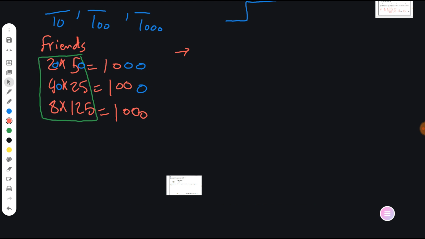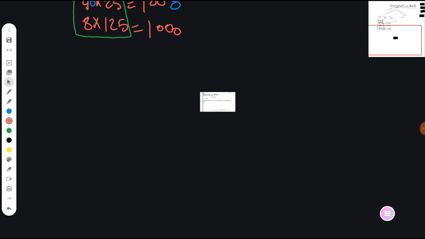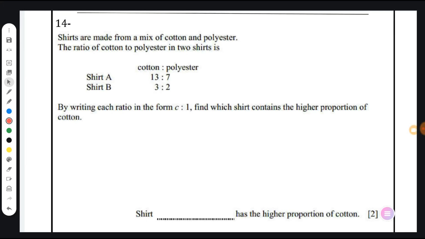Last question about this lesson. Shirts are made from a mix of cotton and polyester. The ratio of cotton to polyester in the two shirts is shirt A 13:7, shirt B 3:2.